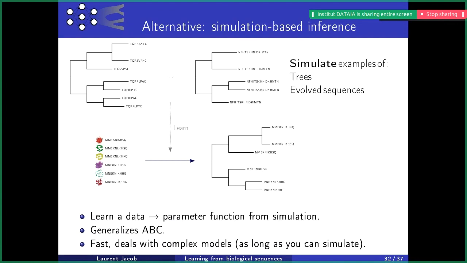We can do that. And then we're going to use this data for supervised learning. We're going to learn a function that takes as input the sequences that we observe and that outputs the evolutionary parameters that we don't observe, but that we know for the simulation.